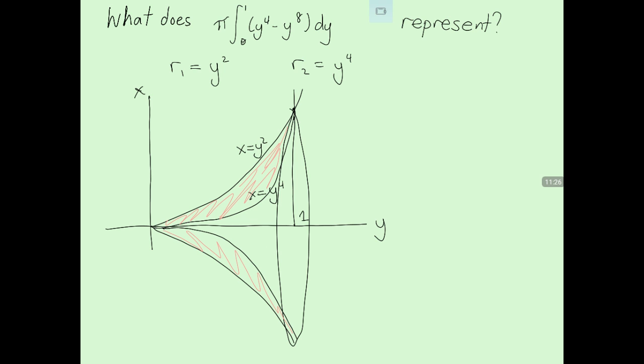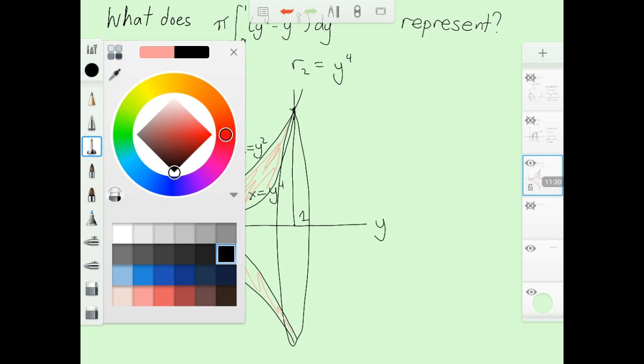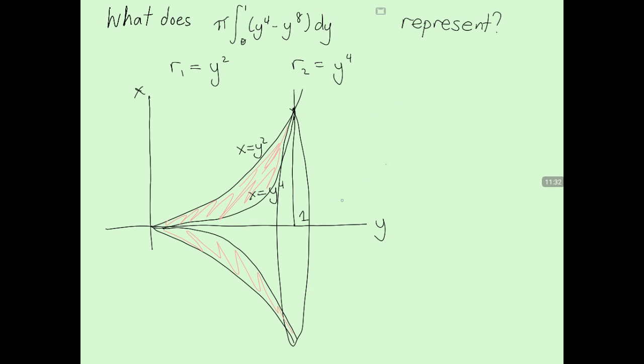So another way of writing this is we are going to take y between 1 and 0. So this is in fact the area bounded by y between 0 and 1. X is actually between these two functions.